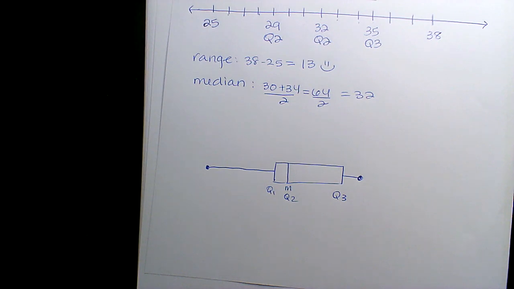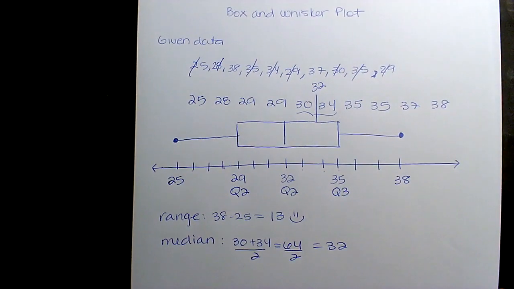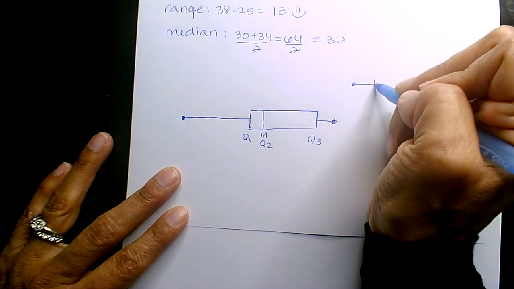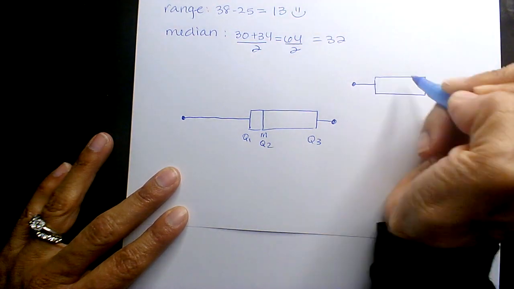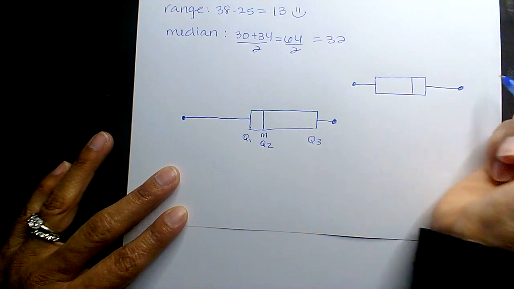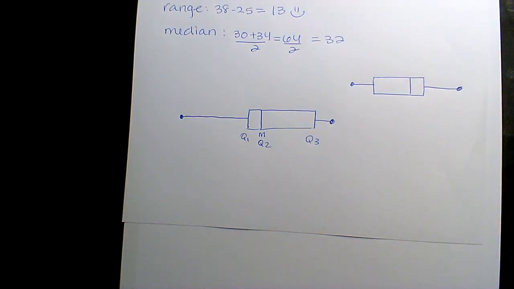So your box and whisker isn't always going to look evenly spaced like this. It can look like that. It can shift however. You guys go to statistics next year.